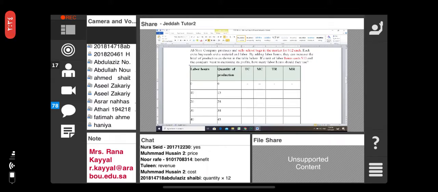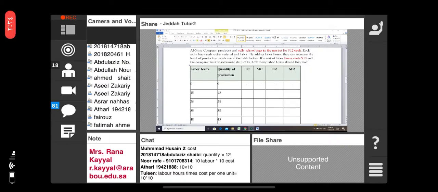We solved a similar practice last week. Times 10. So what I do is look for the cost of production, the cost that I pay.